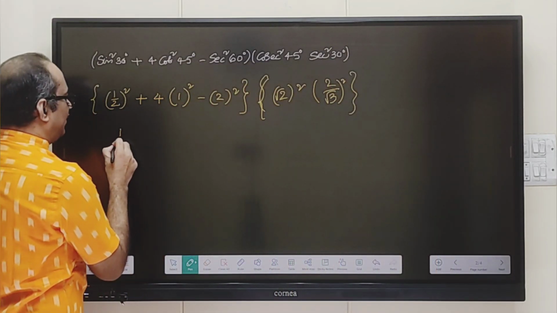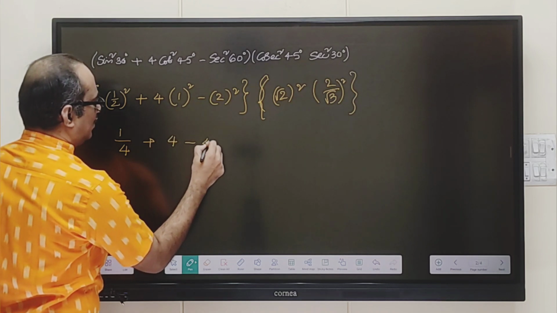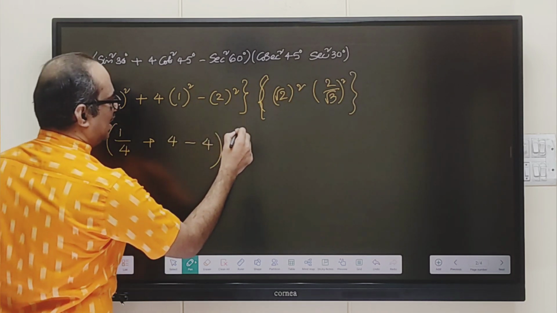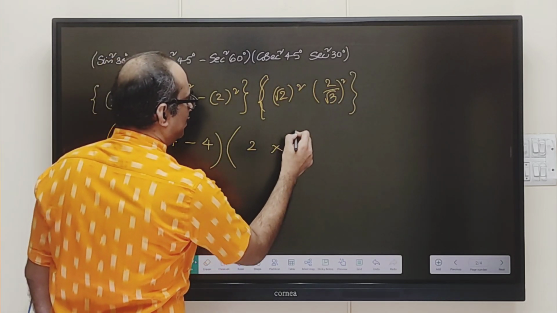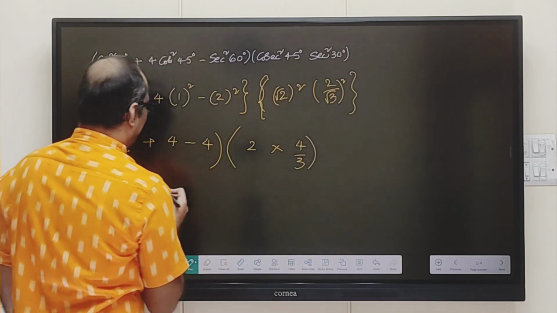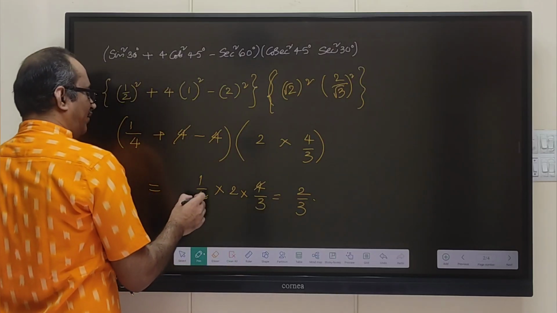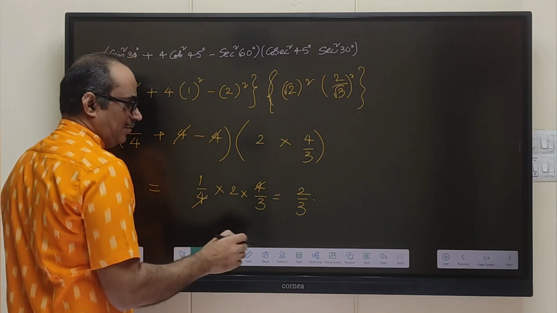So we have 1 by 4 plus 4 minus 4 and that we multiply with root 2 whole square, that is 2, into 2 by root 3 whole square, that is nothing but 4 by 3. So this becomes 4. We have 1 by 4 into 2 into 4 by 3. 4 and 4 will cancel, you get 2 by 3.